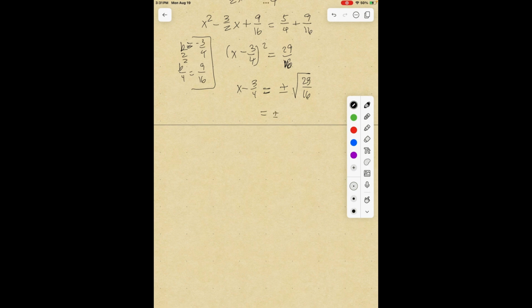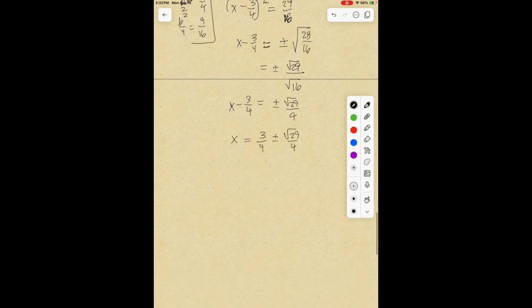I have the square root of 29 over the square root of 16, so I get plus or minus the square root of 29 over 4. So x minus 3/4 equals that. Now I just need to add 3/4 to both sides, and I can combine these into one fraction. I get 3 plus or minus the square root of 29, all over 4.